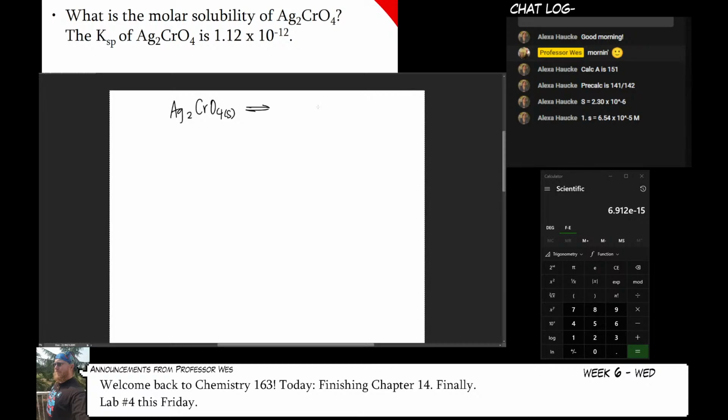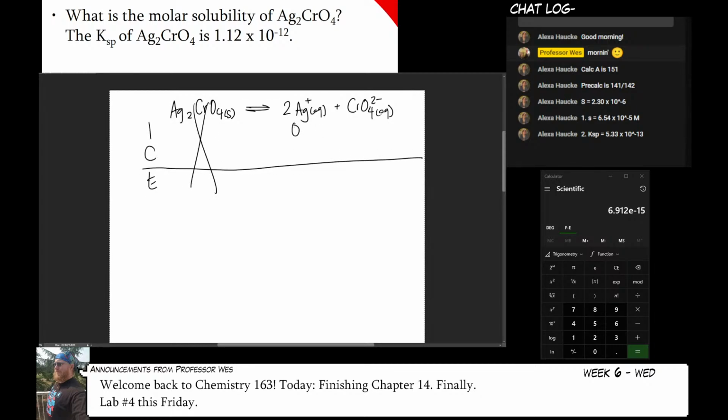So here's our silver chromate, and it's going to dissociate into 2 silver 1 ions and our chromate. So we'll set up our ice table. We don't start with anything, but we do produce 2S and S of our silver and our chromate respectively.